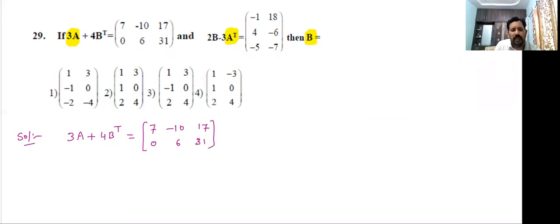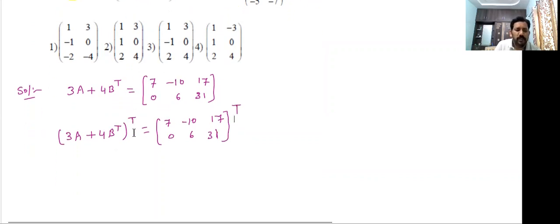Apply transpose on both sides. 3A plus 4B transpose, whole transpose, is equal to the matrix 7, minus 10, 17, 0, 6, 31, whole transpose. Applying transpose on both sides.